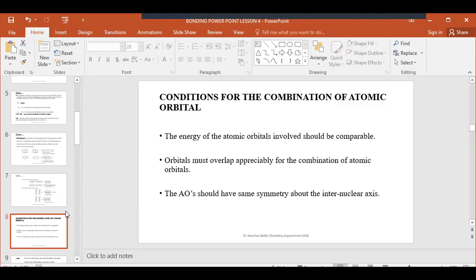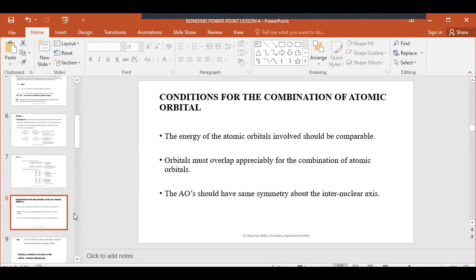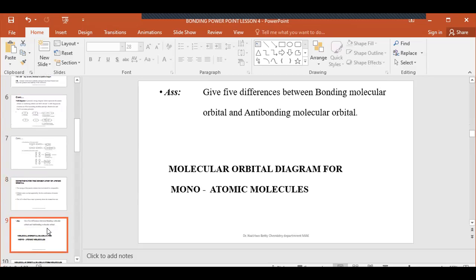And the atomic orbitals should have the same symmetry about the internuclear axis. As an assignment, give 5 differences between bonding molecular orbitals and antibonding molecular orbitals.